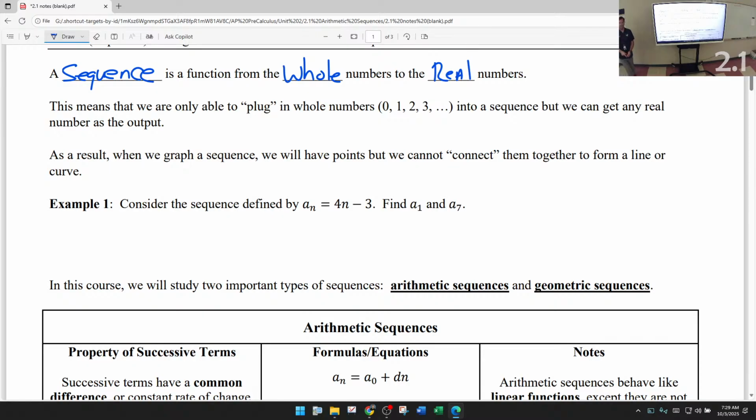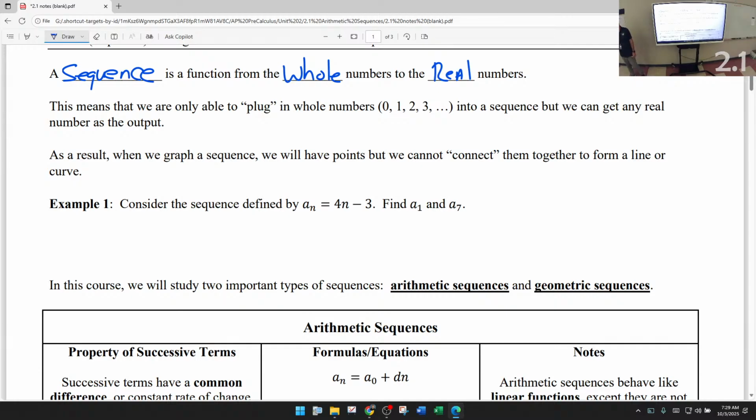A sequence, it's a pattern. So if it's 0 and then 2 and then 4 and 6 and 8, it's a pattern, okay? We input whole numbers. That's the only thing we input. We do not input fractions, decimals. We only input whole numbers.